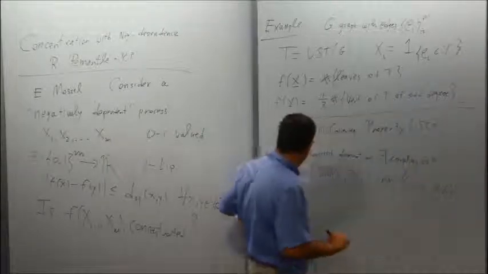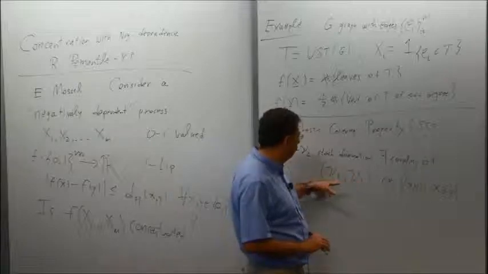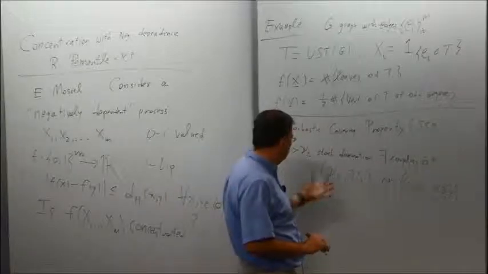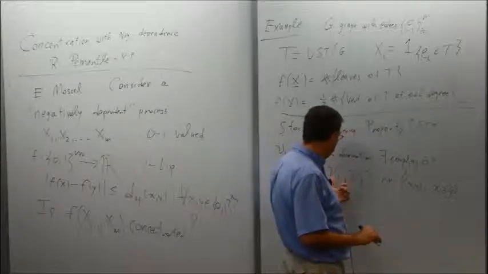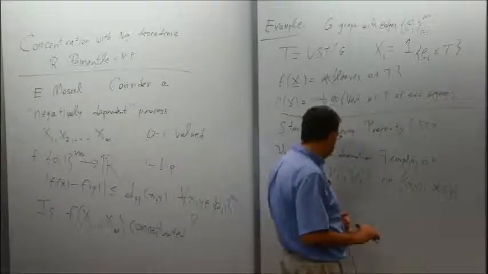This is one of the equivalent versions, due to Strassen's theorem, of stochastic domination. I can couple them so that the variable with distribution nu1 dominates the variable with distribution nu2.